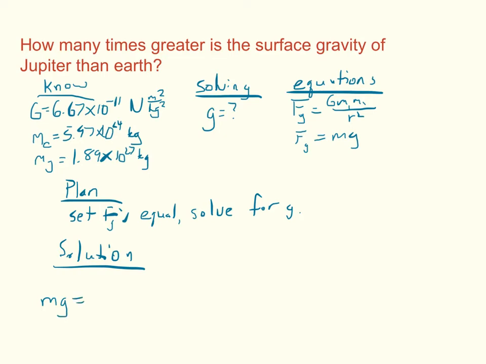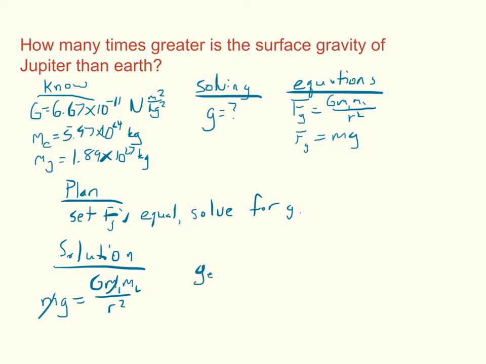So mg equals G m1 m2 over r squared. The masses cancel out, and so we have g equals capital G m2 over r squared. So m2 here is going to be the mass of the planet. R squared should be the radius of the planet, which we forgot to write up here in our known values, but again is just something that we could look up.